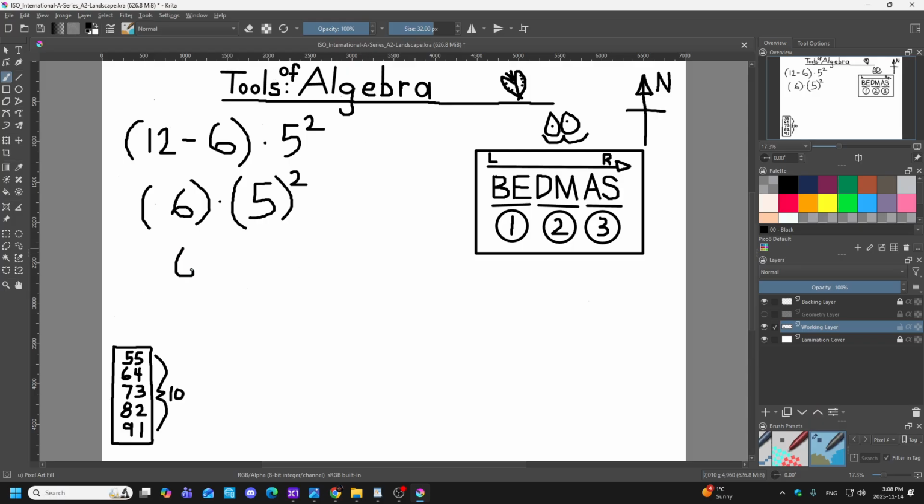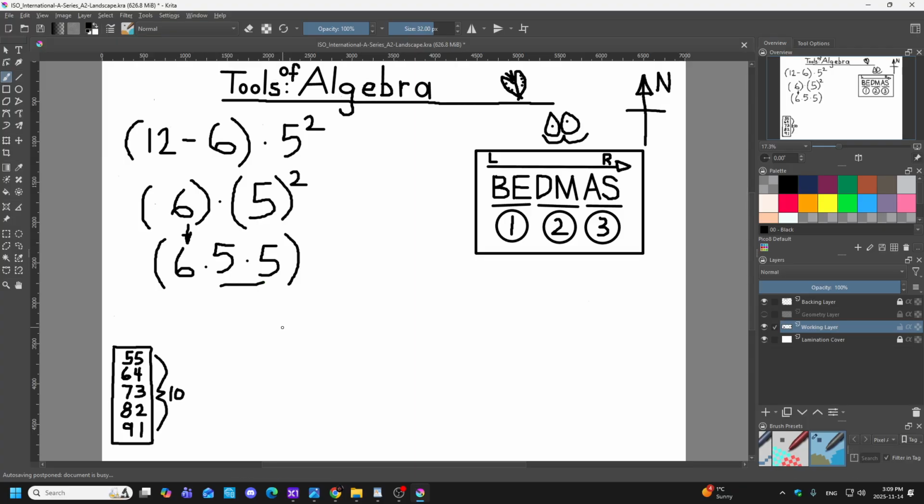I could easily write this as 6 times 5 times 5. Gotta stop and think. All right, and I could actually put all of that in brackets. Nothing has changed. The 6 I just brought down, and what does 5 squared mean?